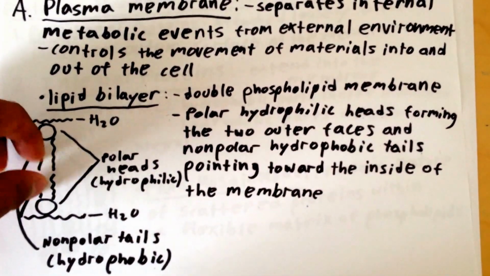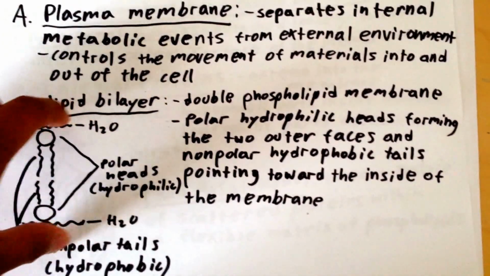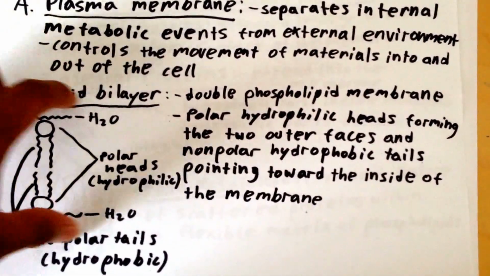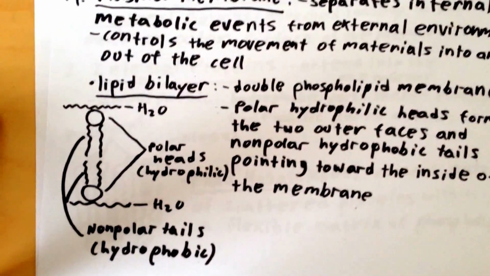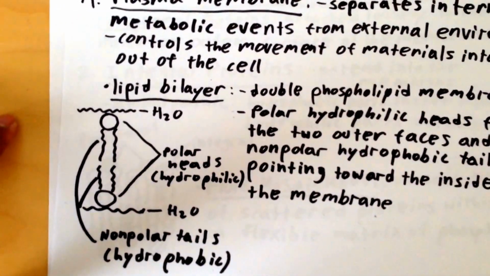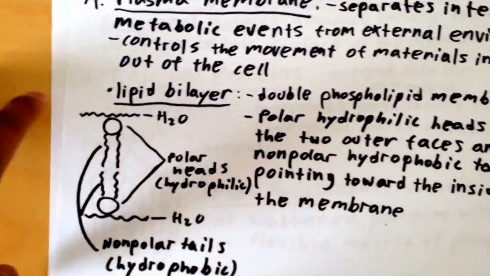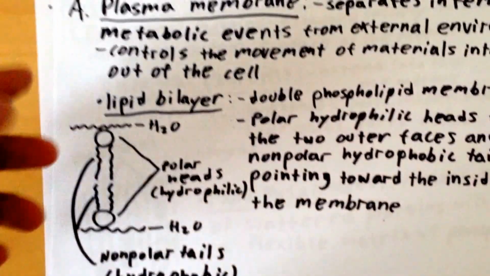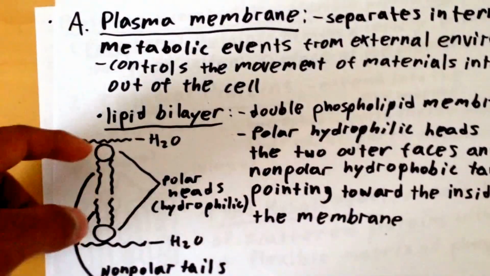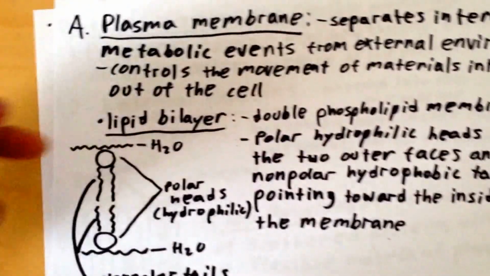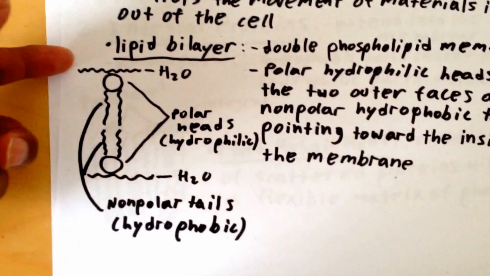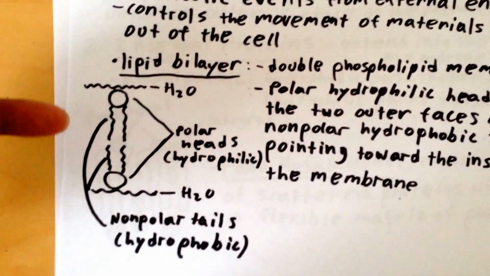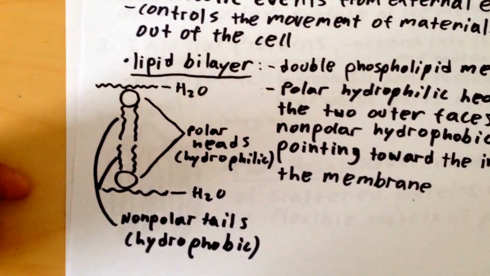On the outside, bordering the two polar heads, you have water. Since these are hydrophilic, they can be in contact with water, and so generally this will be the outside of the cell, and this will be the cytosol. That's something important to keep in mind.